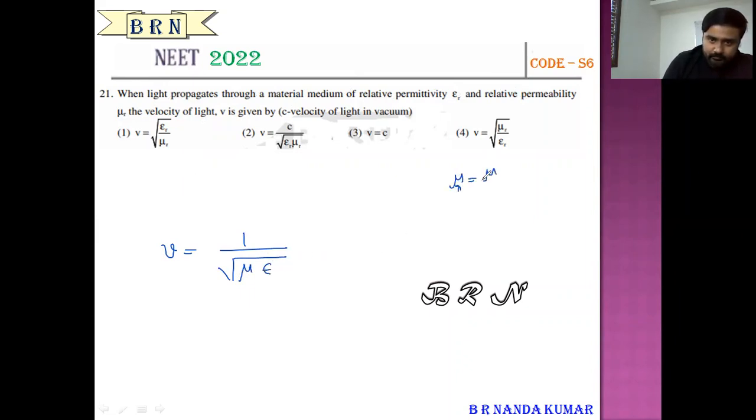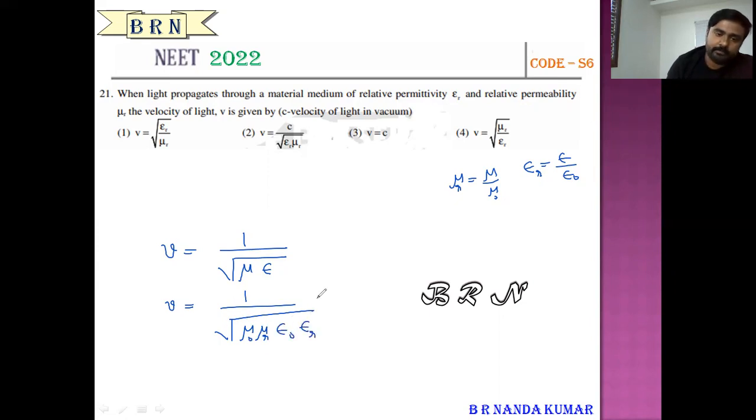Mu r, that is mu divided by mu naught, the ratio of permeability of medium to the permeability of free space. Epsilon r is epsilon divided by epsilon naught. Correct? Ratio of absolute permittivity of medium to the absolute permittivity of free space. So V is equal to 1 divided by square root of mu, mu naught into mu r, epsilon is epsilon naught into epsilon r.